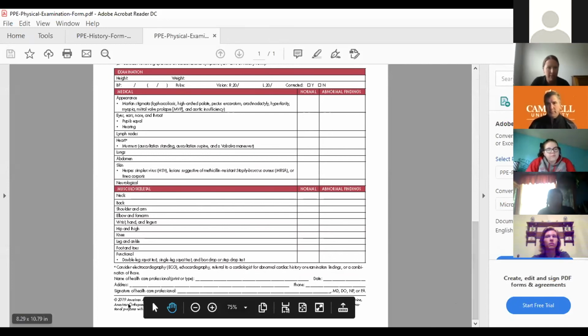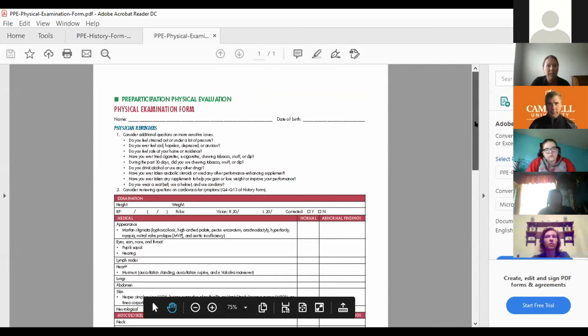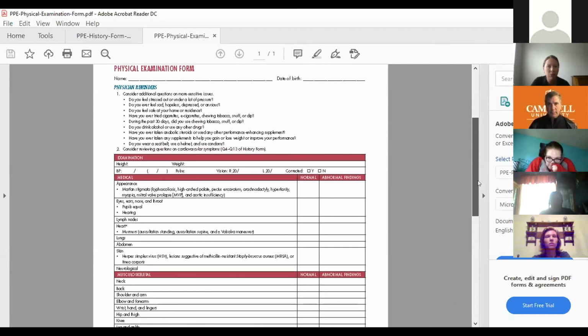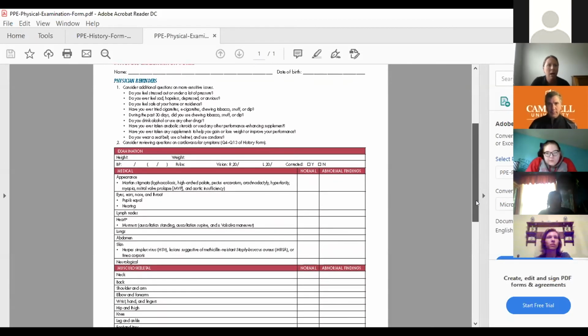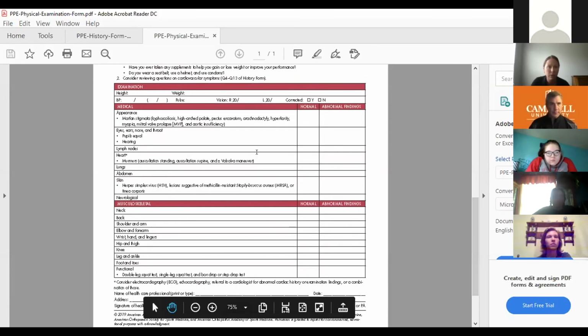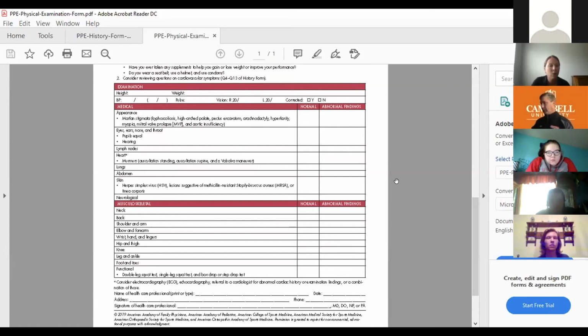The list in the fine print is very, very long. But this physical evaluation form is performed by a medical doctor or DO, and includes their height, weight, vitals, blood pressure, pulse, vision, and a full medical and musculoskeletal exam, okay?